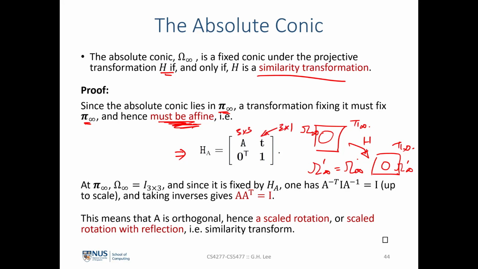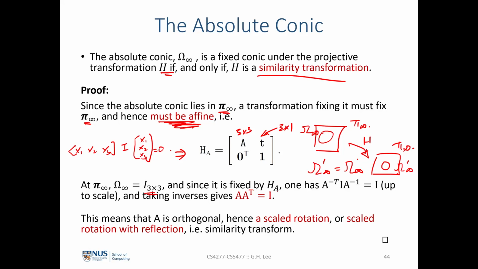At pi infinity, omega infinity is given by the identity matrix. We have seen this earlier: x1, x2, x3 multiplied by the identity and x1, x2, x3 gives the first equation to be 0. Hence omega infinity equals identity at pi infinity.